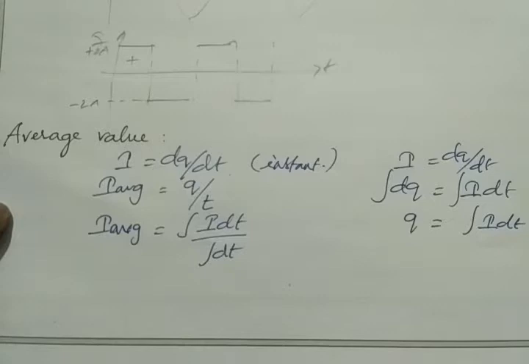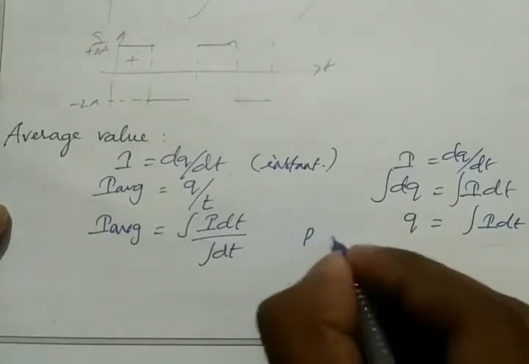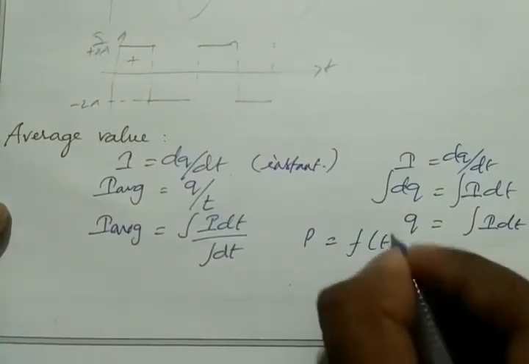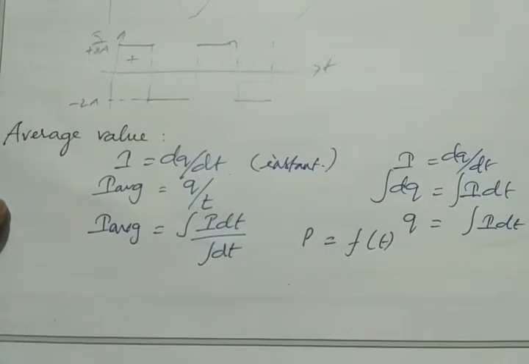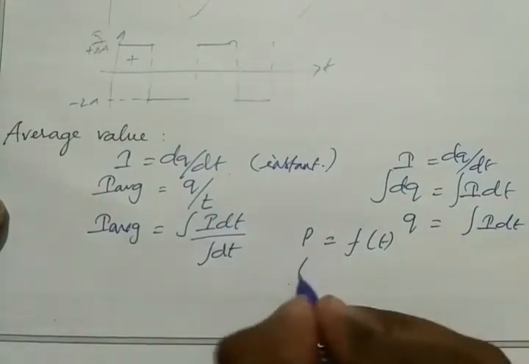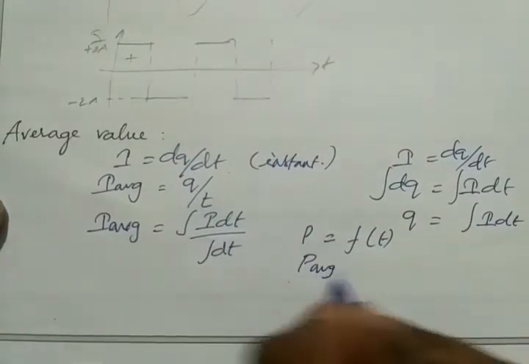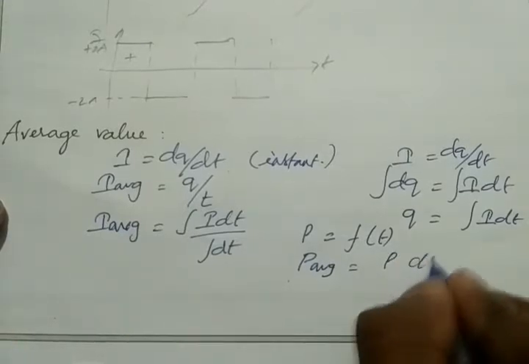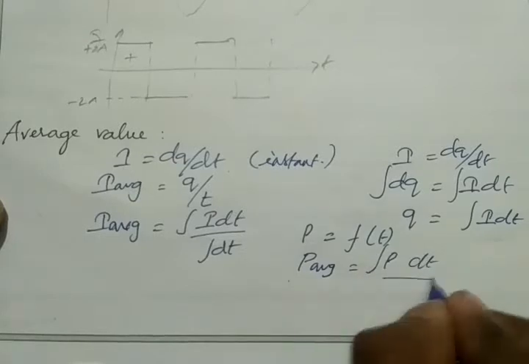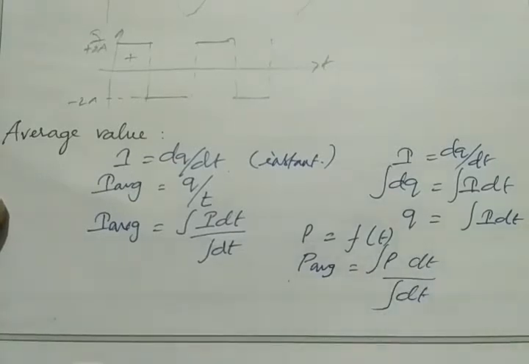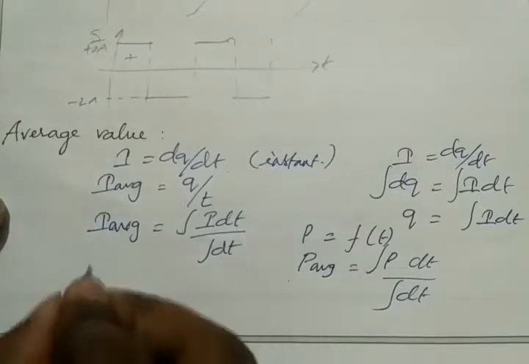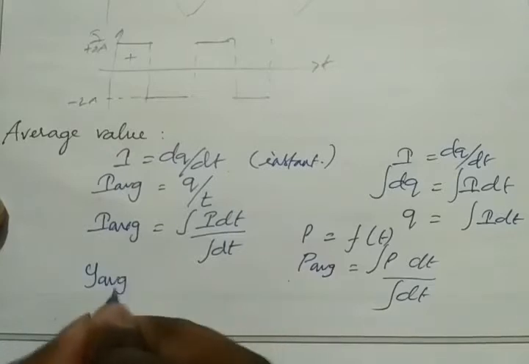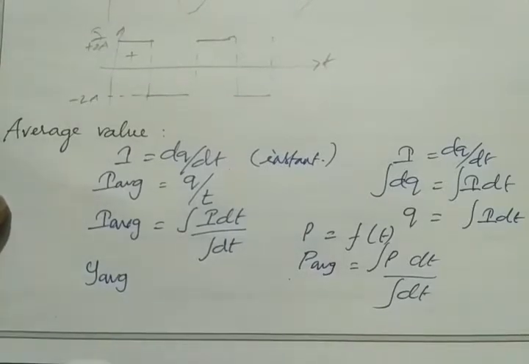If you take power average, what's the equation for power? Power equal to f of t, a function of t. If you take power average, then it will become like this: integration of power dt divided by integration of dt. Or if you take anything, for example, for a general example, I take y average. How can we write y average?